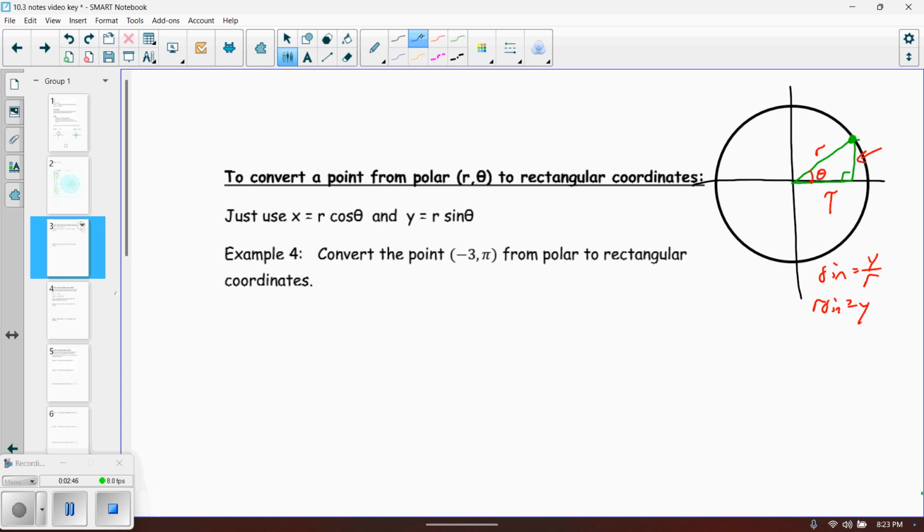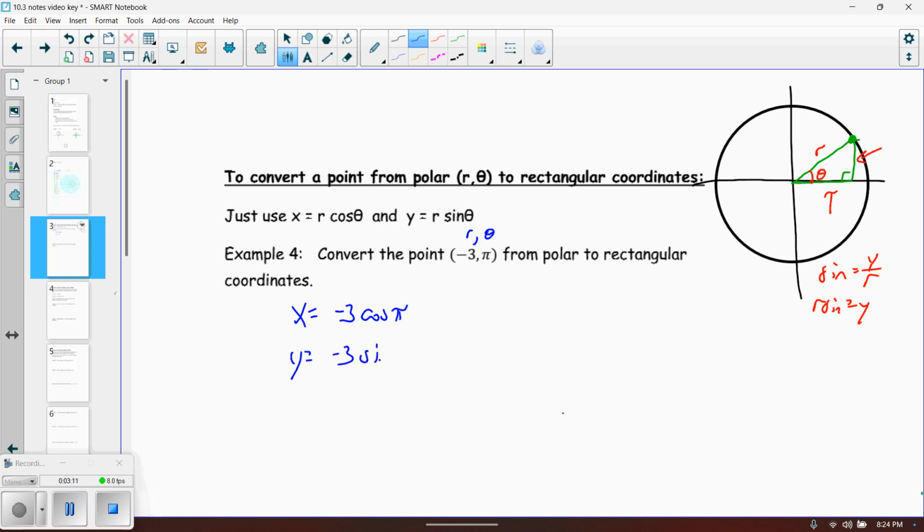So let's do that. X is going to be r. Remember that this is r, theta. That is always the way it's going to be. So r is -3, and theta is pi, so x is -3 cosine of pi. And then y is -3 sine of pi, because it's r sine theta.